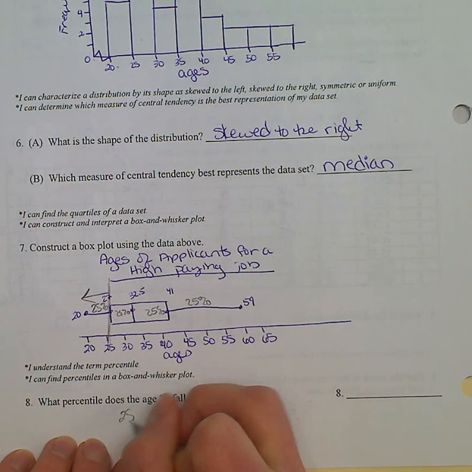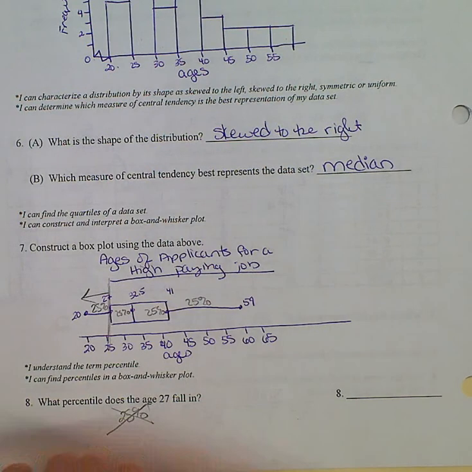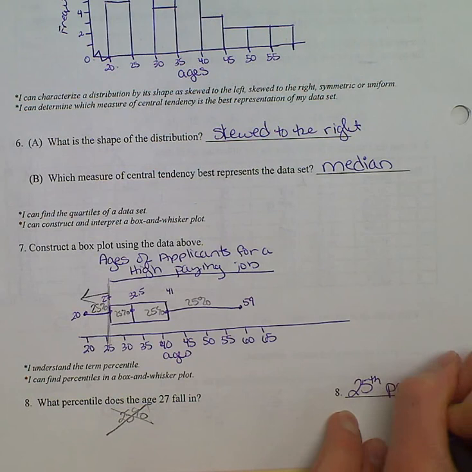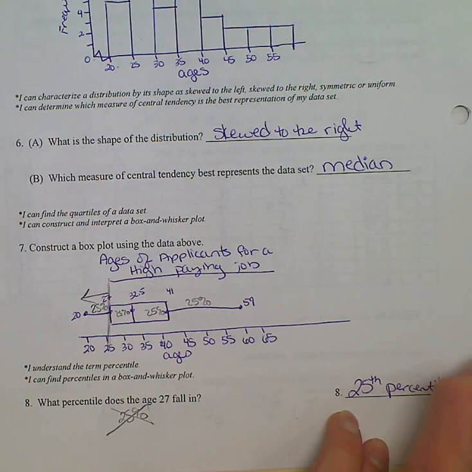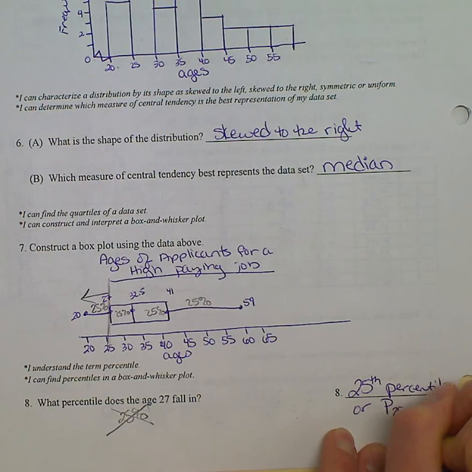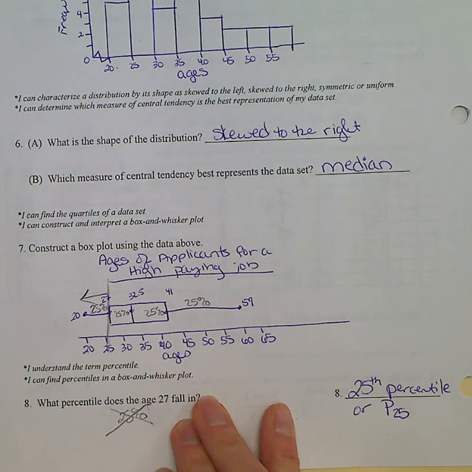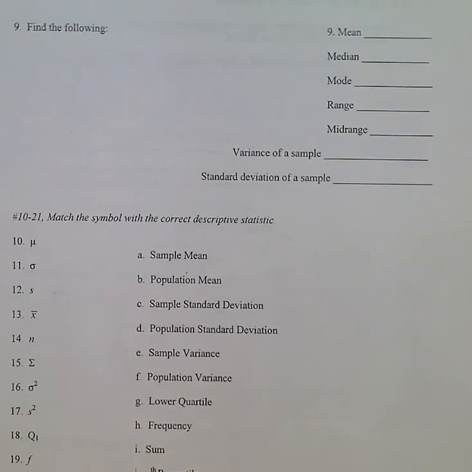But remember, that's not good enough. We have to either say the 25th percentile, or you can use the notation, the capital P with a sub 25. The next page here goes through that one variable statistics that we just did.